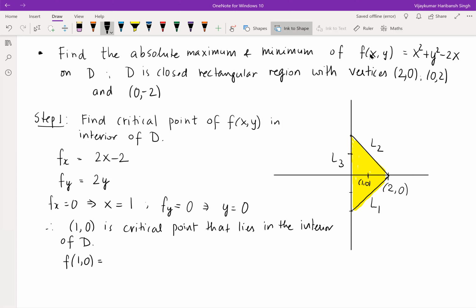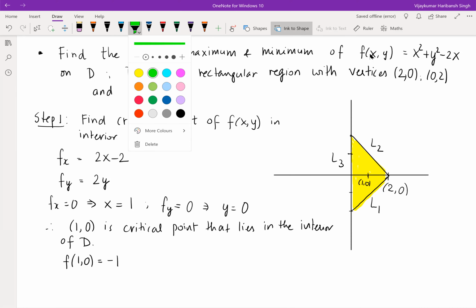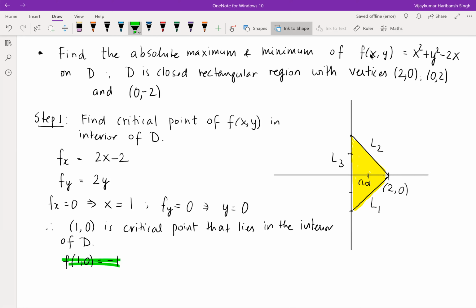So this is a value which we'll try to compare later on. So we got one value, which is the f of 1, 0. Okay.